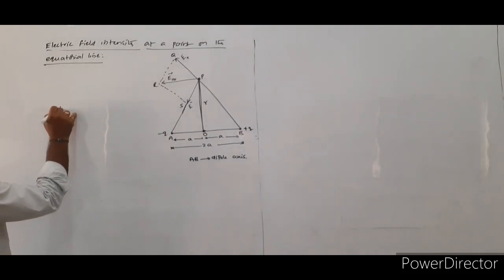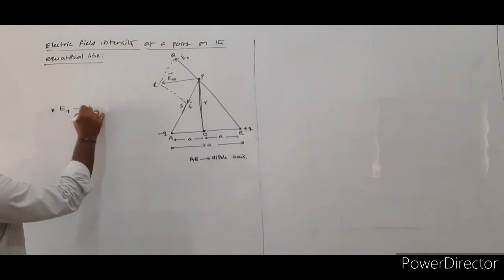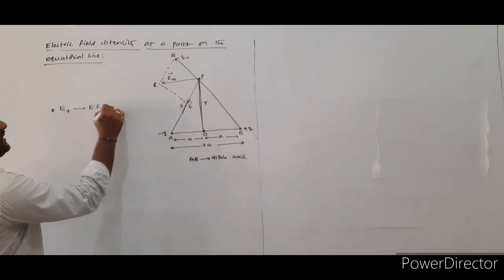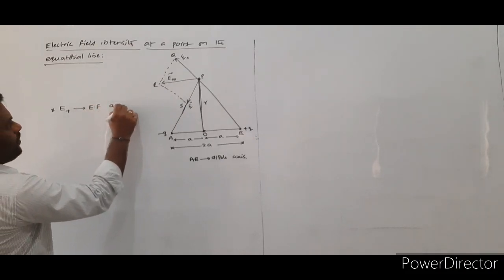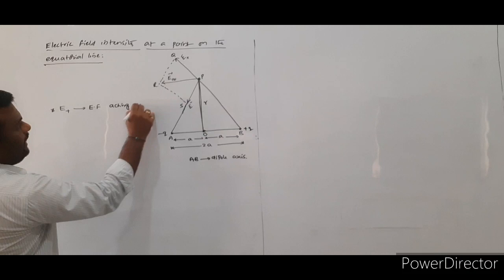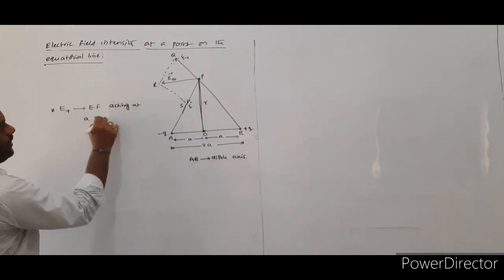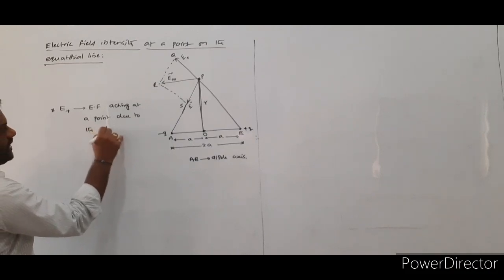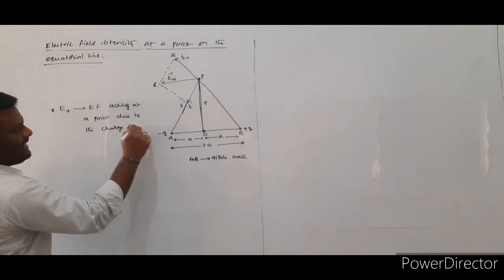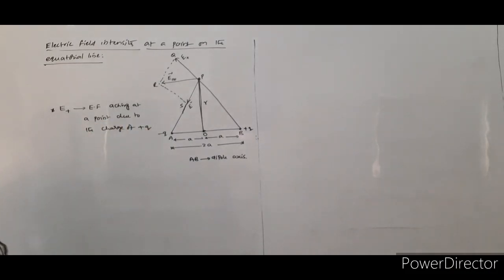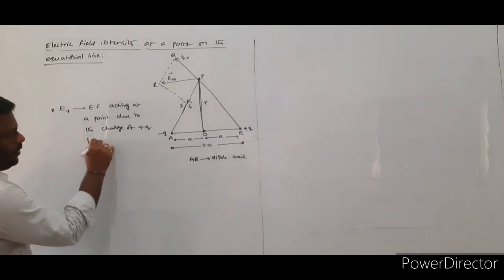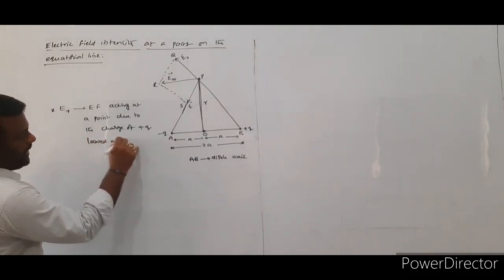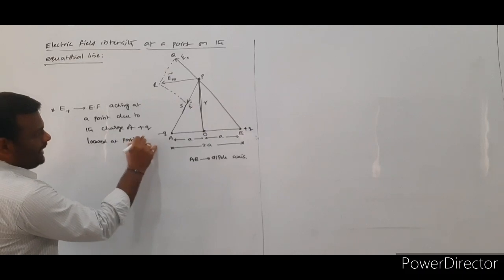E plus denotes the electric field intensity acting at a point P due to the charge of plus Q located at a point B.